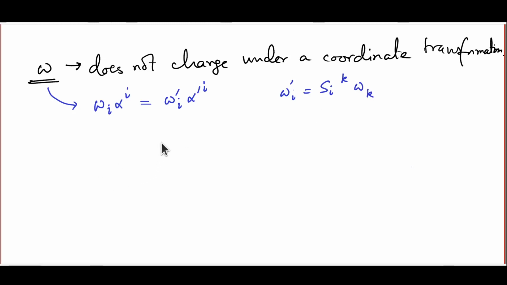And this will be enough to tell us how alpha^i and alpha'^i are related. So all you really need here is to note that omega_i alpha^i is equal to S_i^k omega_k alpha'^i, which can of course be rewritten trivially in this form.